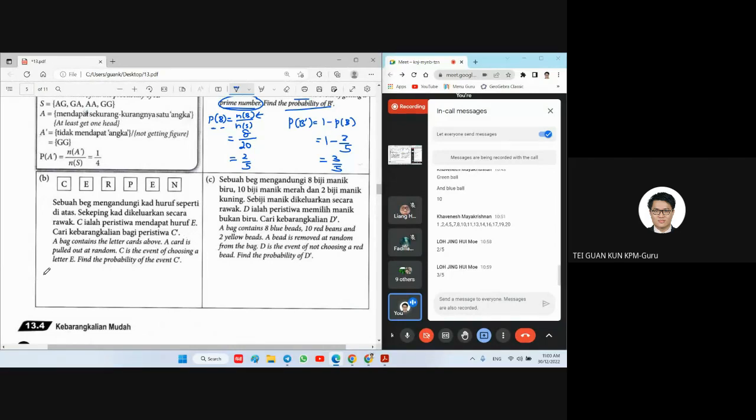Okay, so we start with the probability of C. Probability of C equals the number of elements of C divided by the number of the sample space. So, the elements of C are choosing letter E. So, how many letter E are there? How many letter E?